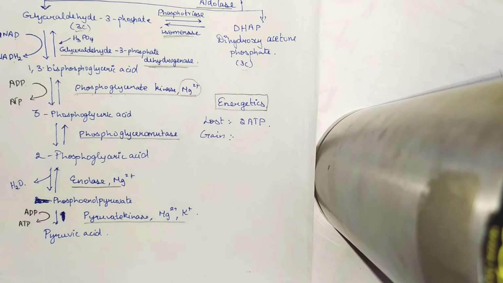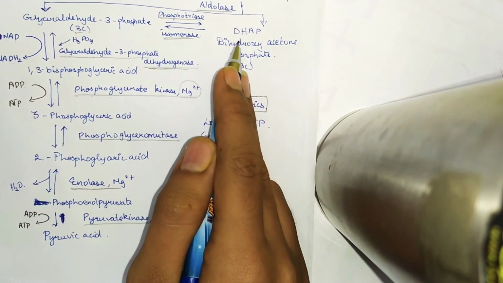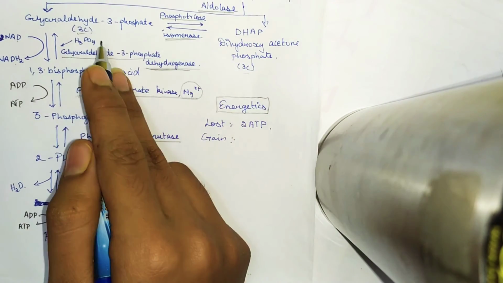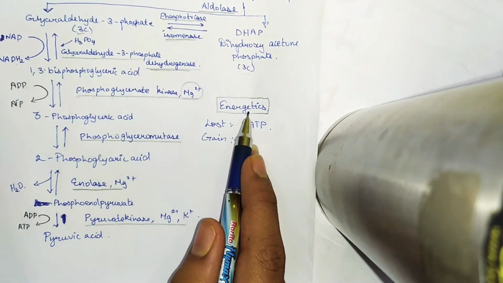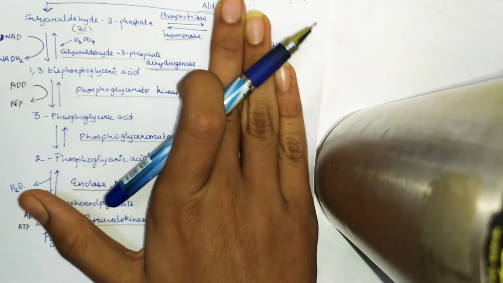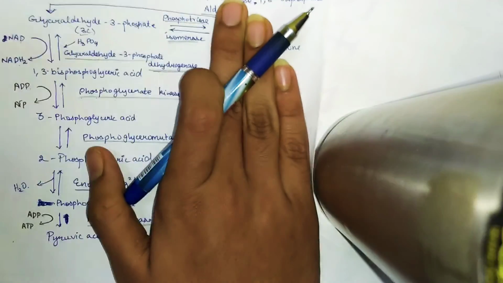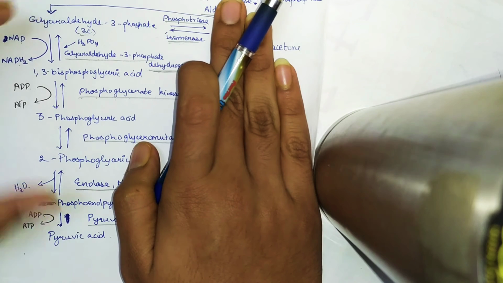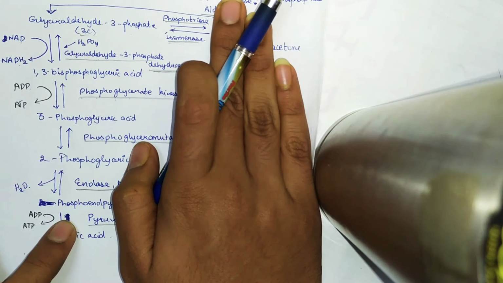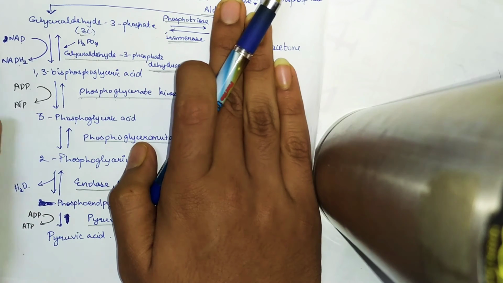It's actually a wrong way of calculating, because this DHAP must also be converted to glyceraldehyde 3-phosphate when we are considering the energetics. Okay, so let's take only this part. Glyceraldehyde 3-phosphate gets converted to pyruvic acid in the last step, right? So by this process it gains 5 ATP, just now we have counted.